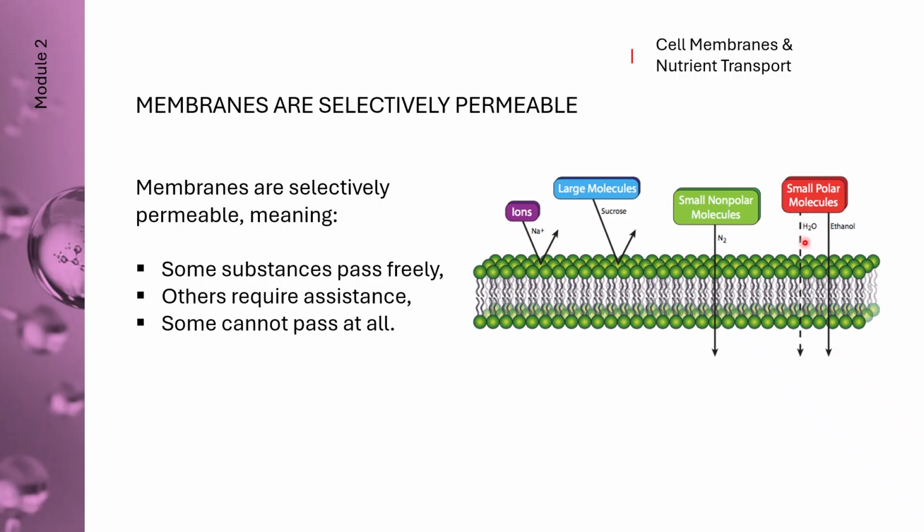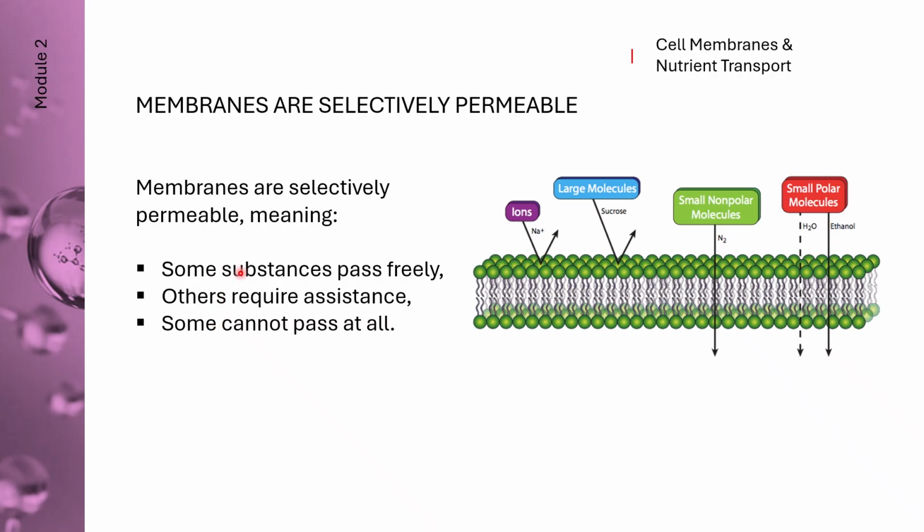However, we can also consider small polar molecules. Although polar, like water, they are small, right? So they are also able to pass, but very slowly. We'll be coming to that in the next couple of slides, where we'll see that water passes through the membrane, but it passes very slowly. Now, if we think about other polar compounds like ethanol, also because of its small size, it's able to pass the membrane.